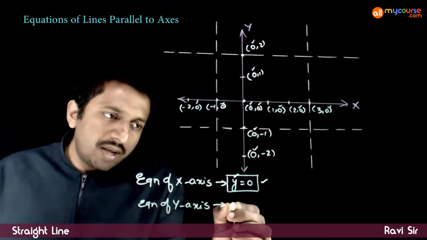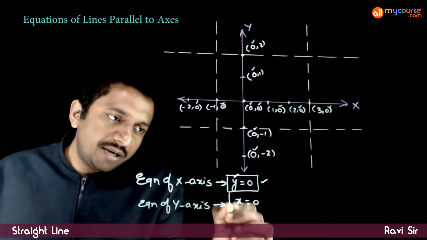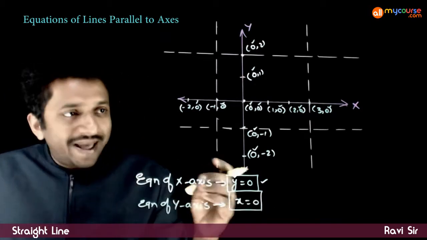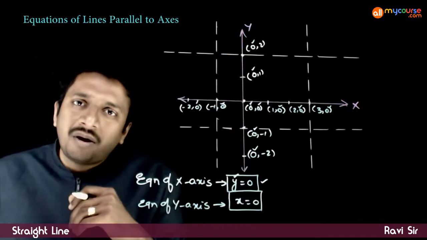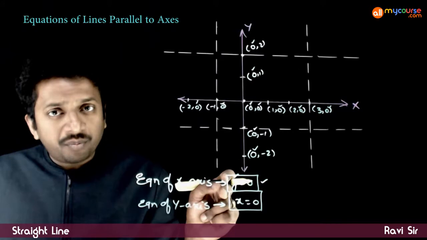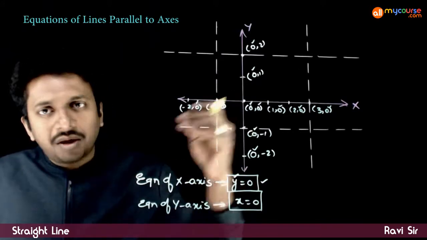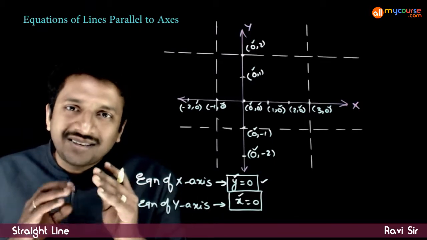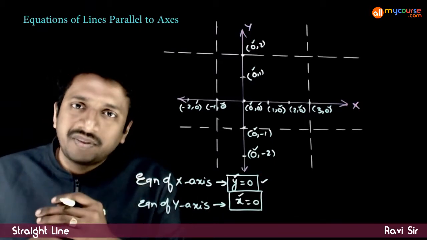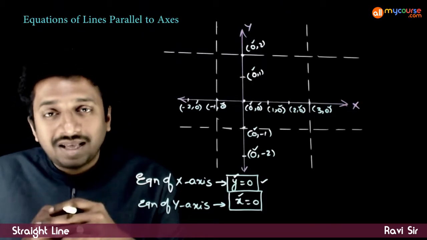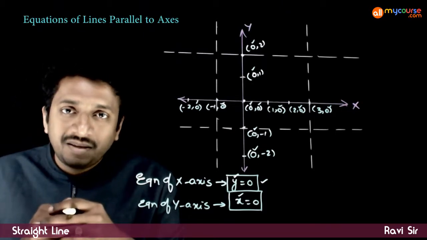So the equation of y-axis will be x = 0. That is, the x-coordinate of every point on y-axis is equal to 0. And if the x-coordinate of a point is equal to 0, it has to lie on y-axis, because the meaning of x-coordinate is the distance from y-axis. So the distance from y-axis being equal to 0 implies the point lies on y-axis.